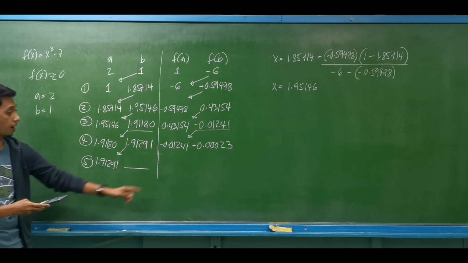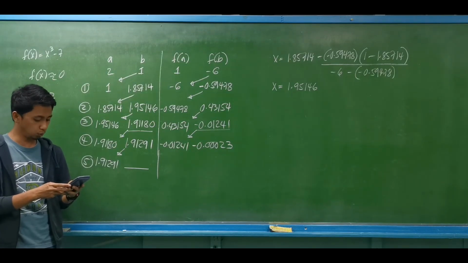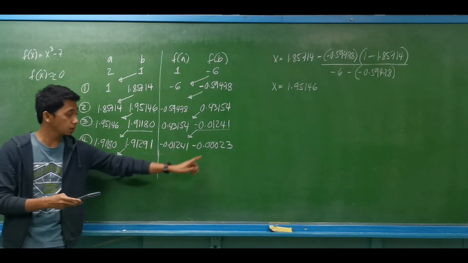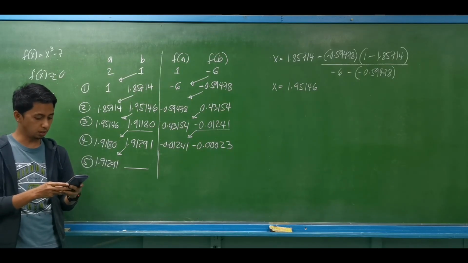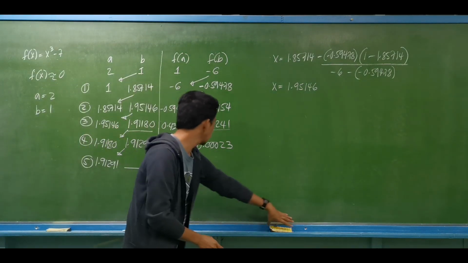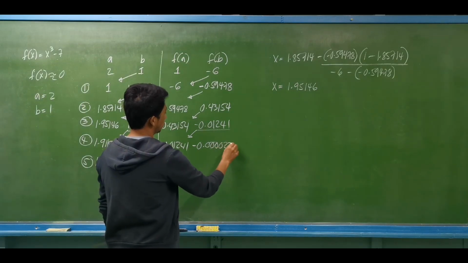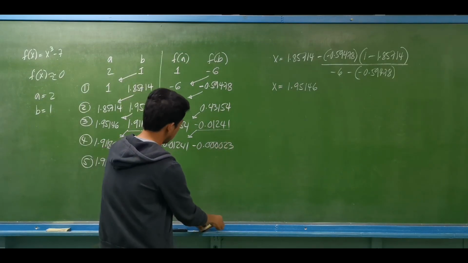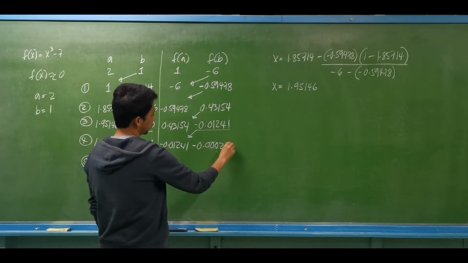This is divided by f of a, negative 0.01241, minus also negative 0.00023. This is negative 0.0020, which is 2.3 times 10 to the negative 4, so 0.00023 is correct.